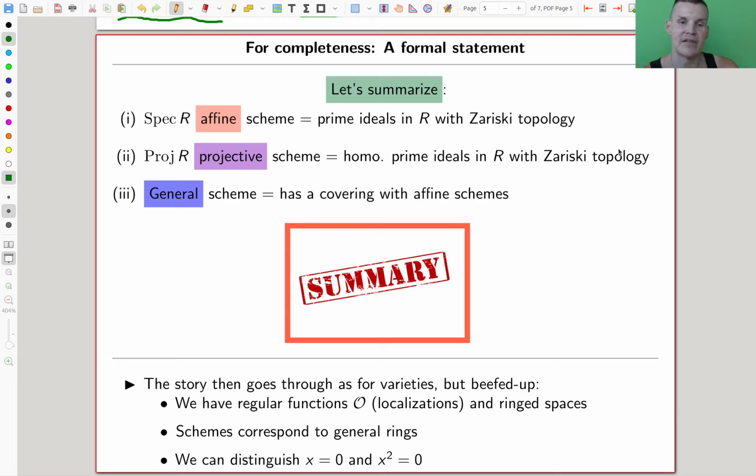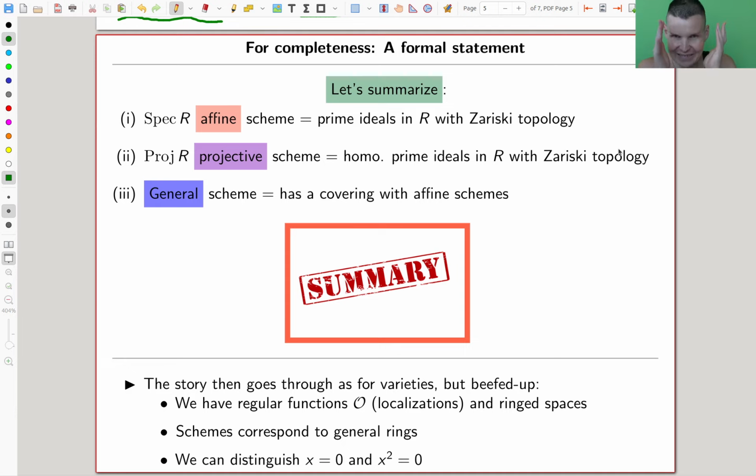But anyway, you had the affine ones, which were Spec of a ring, spectrum of a ring. We had the projective ones, Proj of a ring, exactly the same, but there's some grading, and you take the homogeneous ones. The general scheme is kind of the patchwork idea, and this is the scheme world. And for varieties, there were affine varieties, polynomial solutions, there were projective varieties, solutions to homogeneous equations, and there were the general varieties, which is a patchwork.